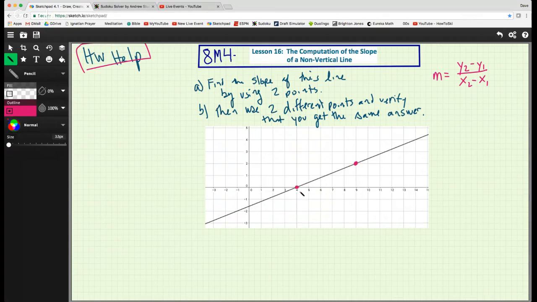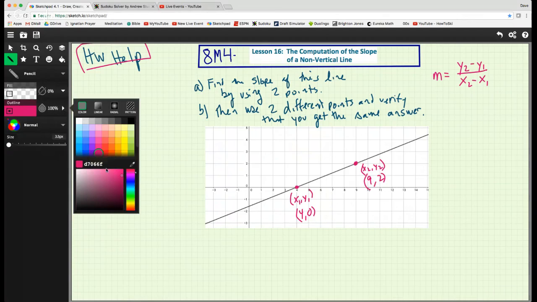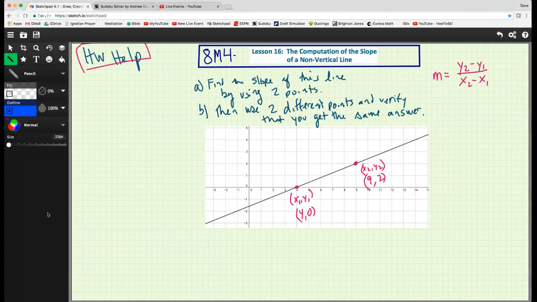So this is x1, y1, and that's going to be 4, 0, and x2, y2 is going to be 9, 2. Okay, so I'm going to let you go ahead and try and find the slope of this line. Okay, so pause and try, and we'll come back and we'll see what happens.